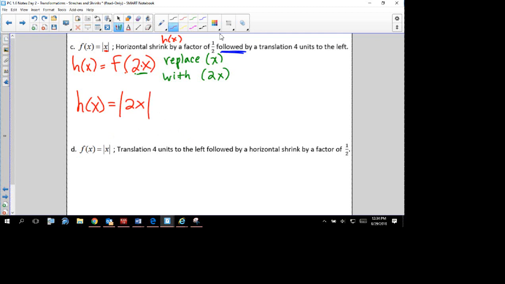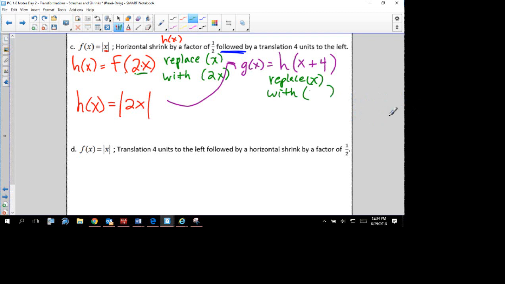That's h of x. And we go over and we make a g of x. And this says followed by a translation 4 units to the left. So it's left, that's horizontal, it's going to go inside of the function. It's going to be h of something. Translation 4 units to the left, so x plus 4 would go on the inside. And again, we're doing that from the h function, not going back to the beginning. If we have an x plus 4 in the parentheses, it means replace x with x plus 4.